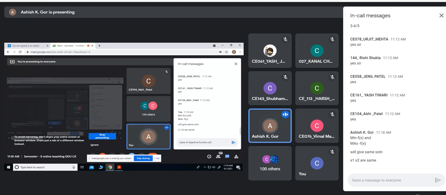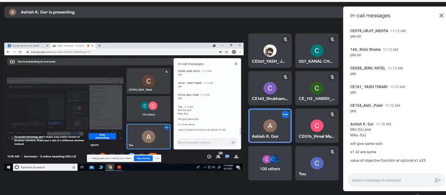at optimal x1, x2 will be reverse in sign. See what happens with the value of the objective function: it's a minimization of f(x) and maximization of minus f(x). If you solve either of these two, the x1, x2 you get are the same.